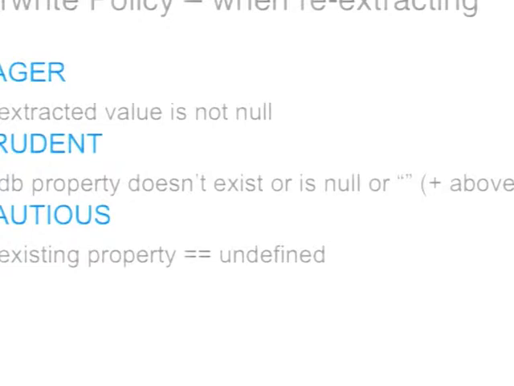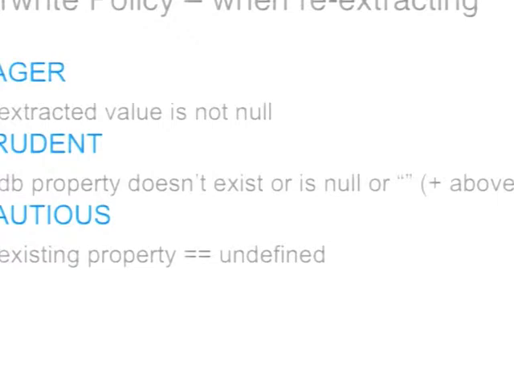This means basically if what comes out of the content, if what the library tells us the metadata are, as long as those values are not null, write them into the database irrespective of what was there. That would obviously overwrite any values that were there, which is usually what you want because the metadata may have changed within your content.